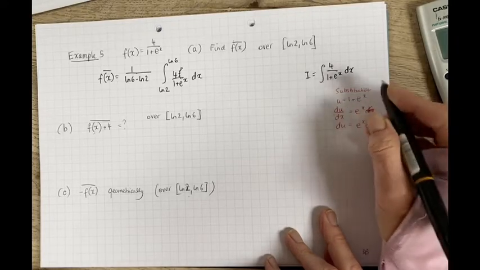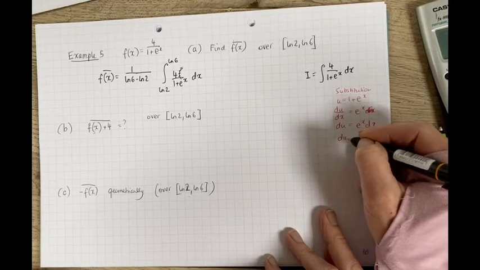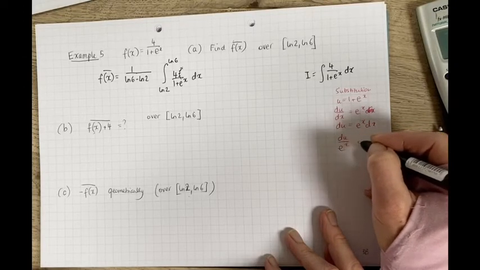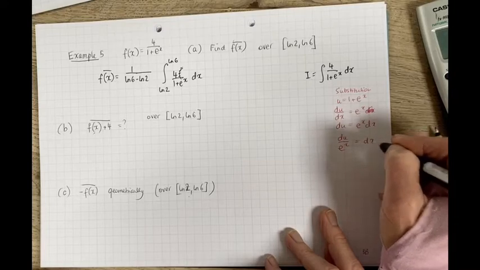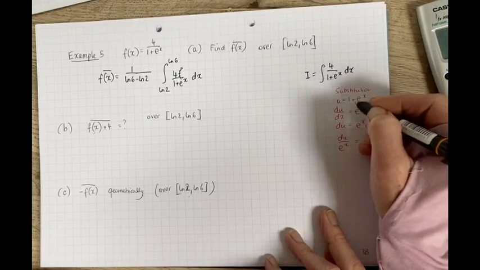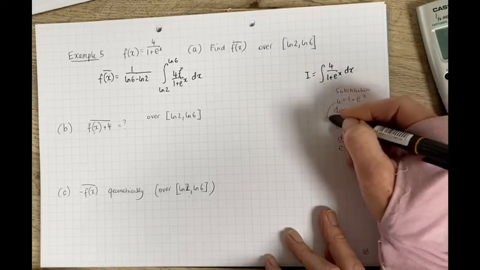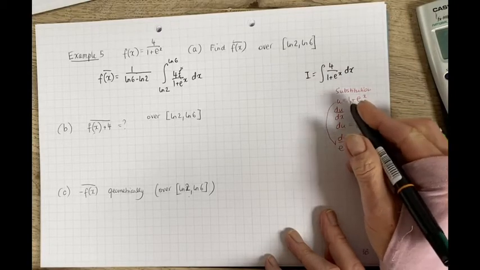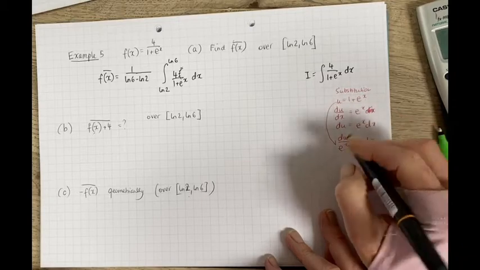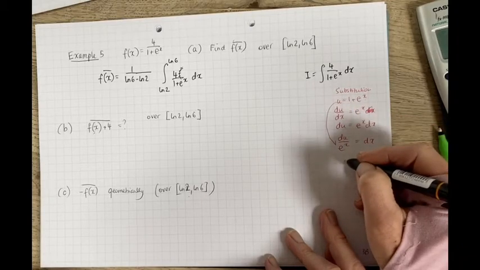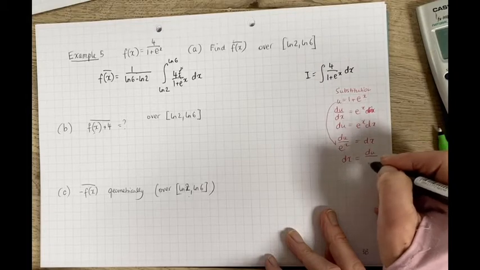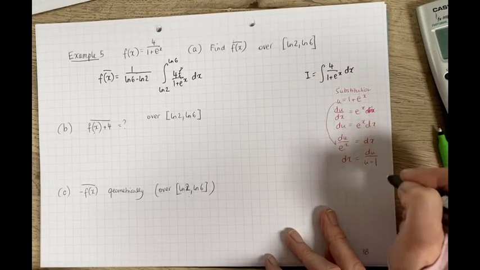Okay, we haven't got that, so we're going to replace dx with du over e to the power of x. What I like to do here is just quickly rearrange this and replace it with u, so u minus 1 will be substituted instead of e to the power of x. So dx is going to be du over u minus 1.